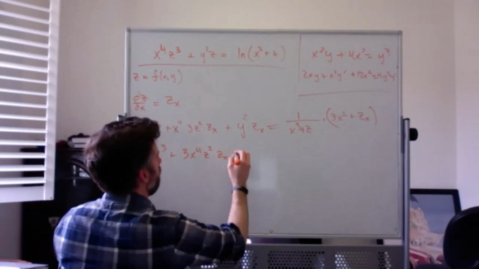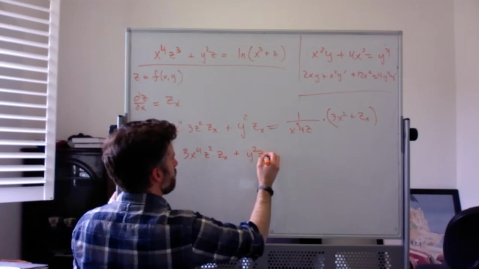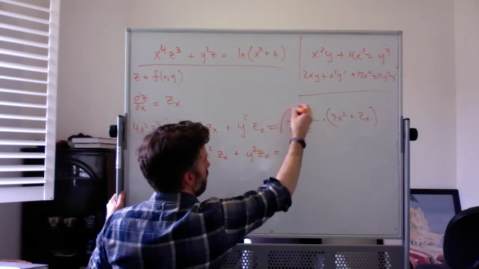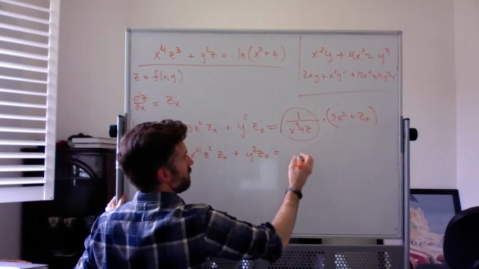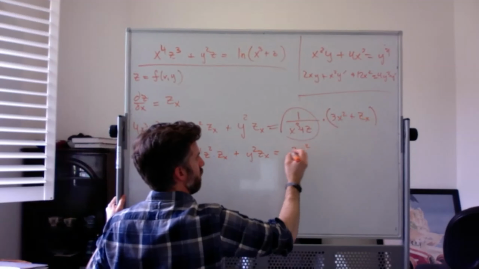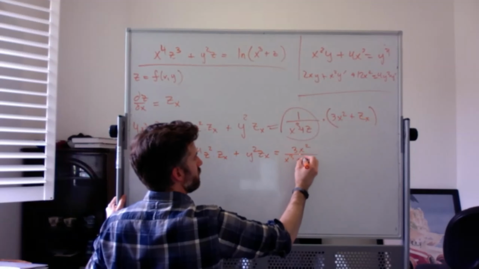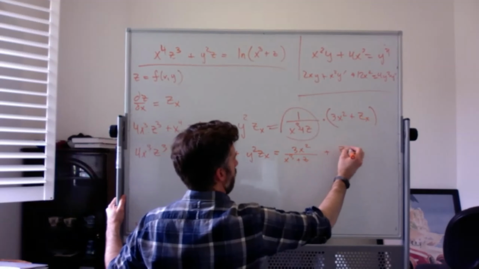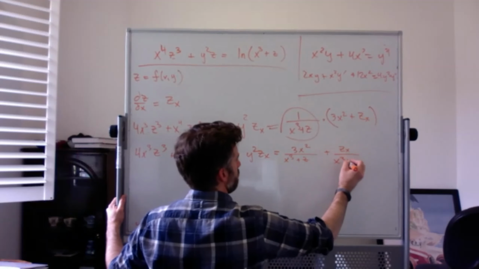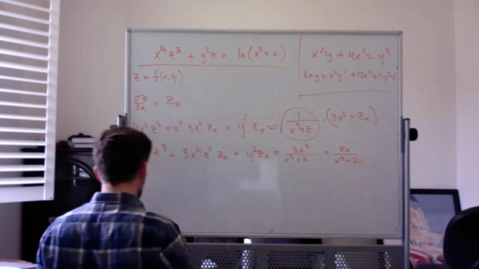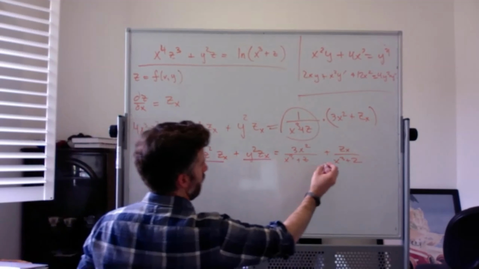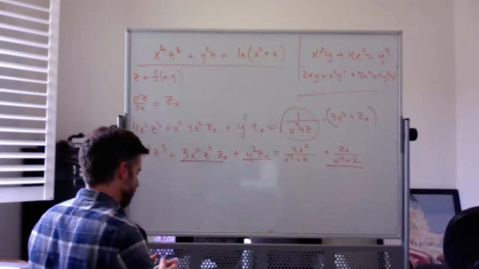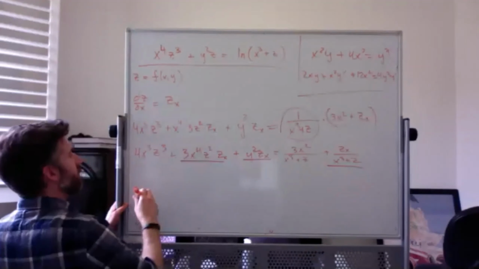zx plus y squared zx equal to, I need to distribute this to each of those so I can break up the thing that has a derivative and the thing that doesn't. So I've got 3x squared over x cubed plus z and a zx over x cubed plus z. Now we want all of the things that have a zx on the same side. So I'm going to bring them all to the left.